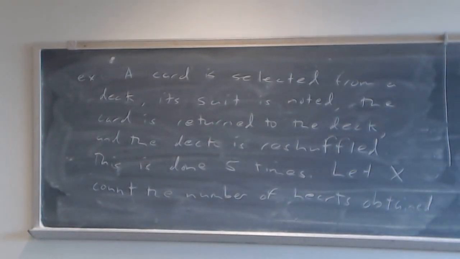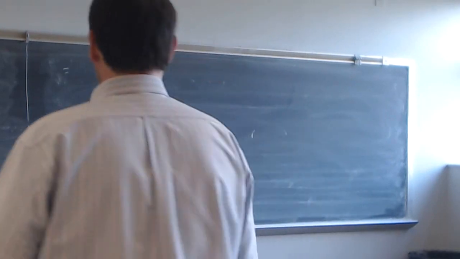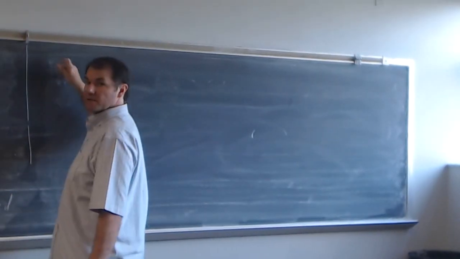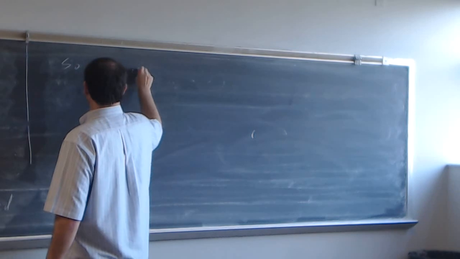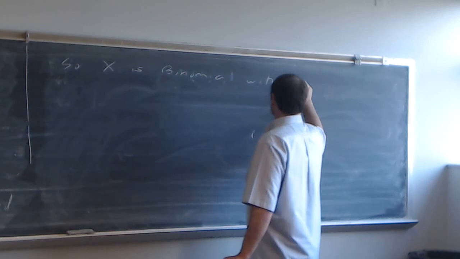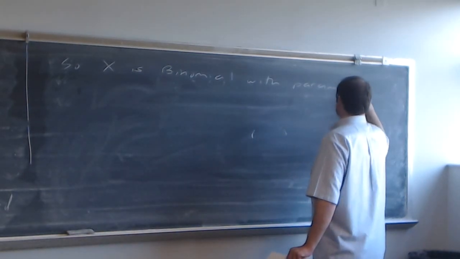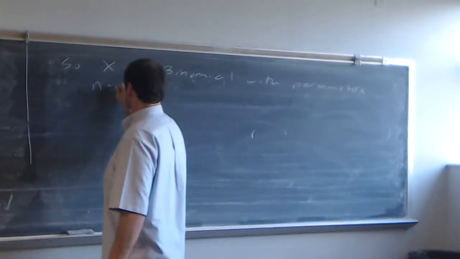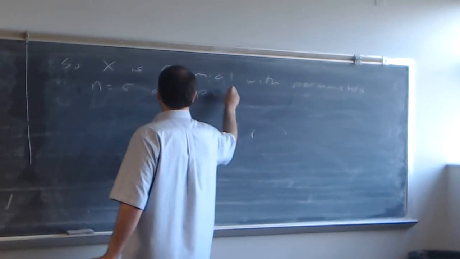And so, as you can guess, X is binomial with parameters n equal to 5 and p equal to 1/4.